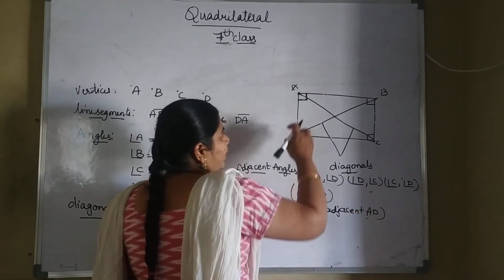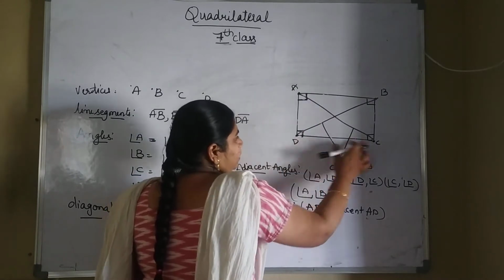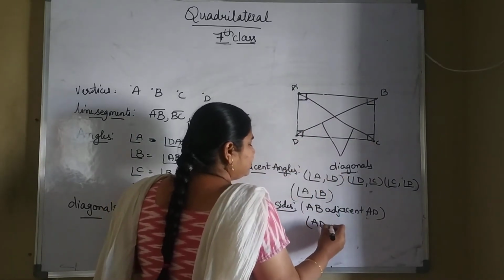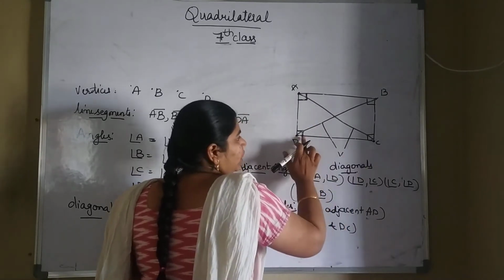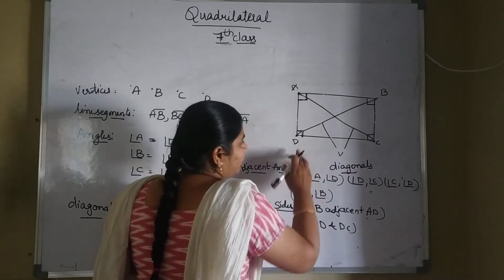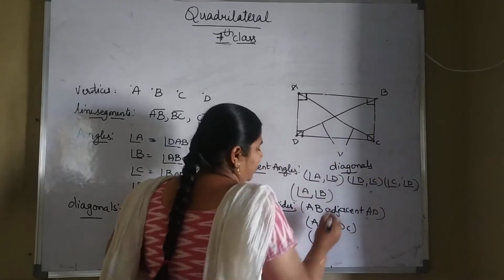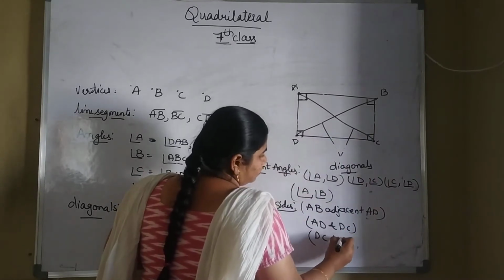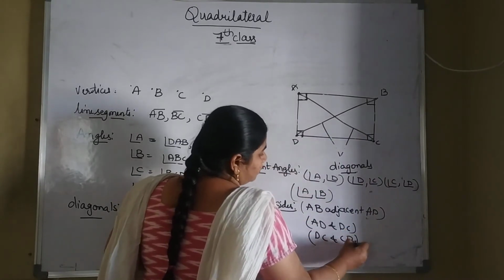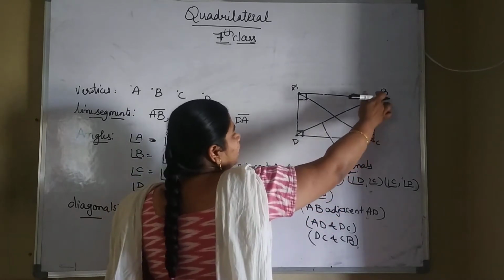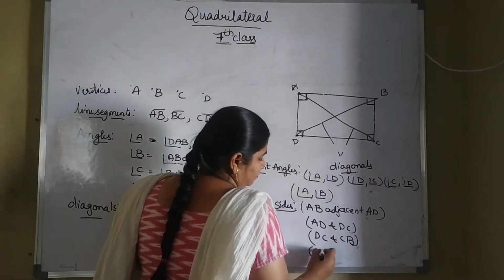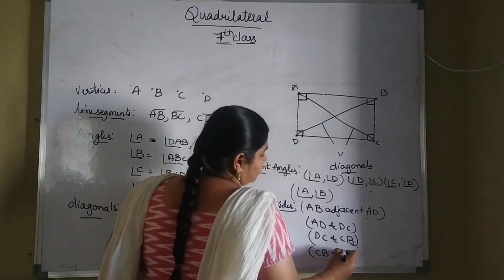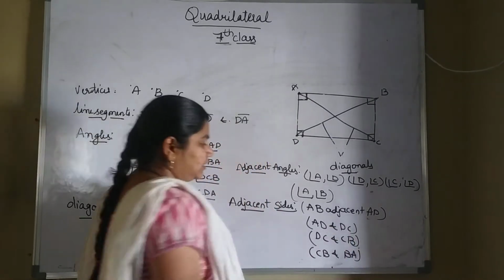In the same way, you can take AD and DC, only one common angle. In the same way, DC and CB. In the same way, you can take CB and BA. So these are adjacent sides.